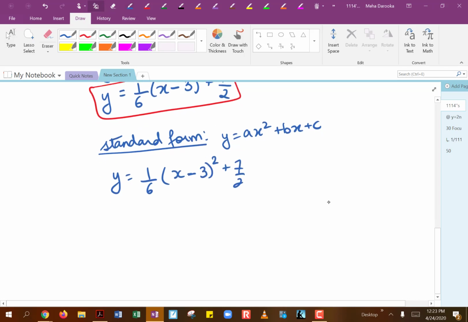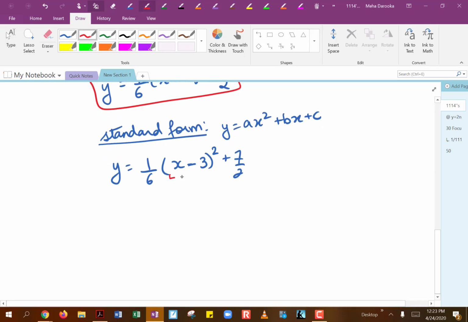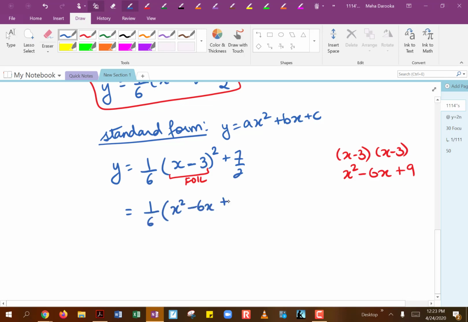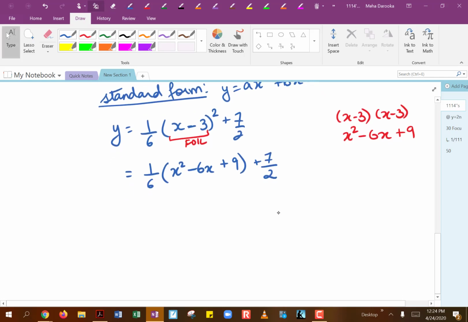So of course, the first place we would need to start is right here. We would need to FOIL this. So when you FOIL this, you should end up getting x squared minus 6x plus 9. So that's going to be 1/6 times x squared minus 6x plus 9 plus the 7 halves on the outside.